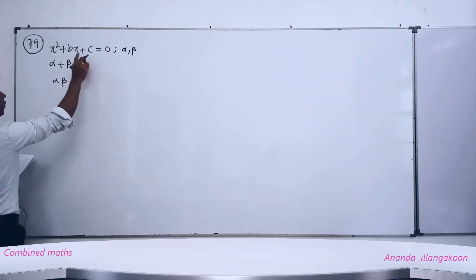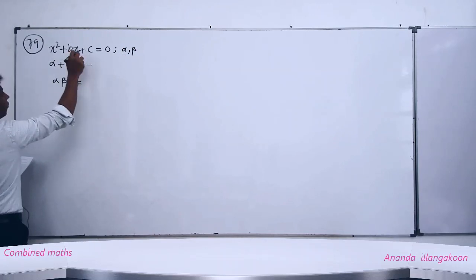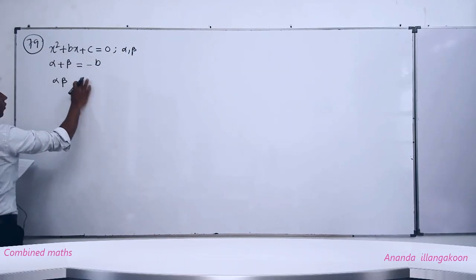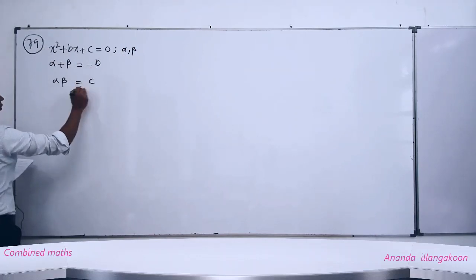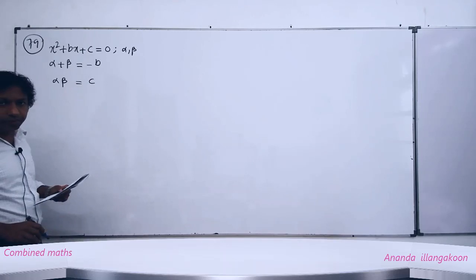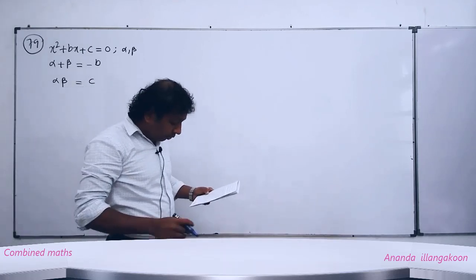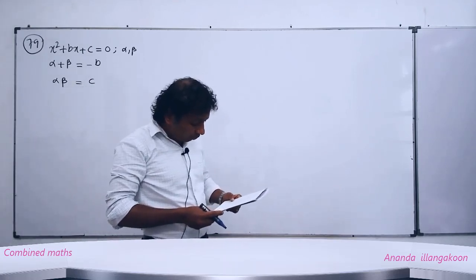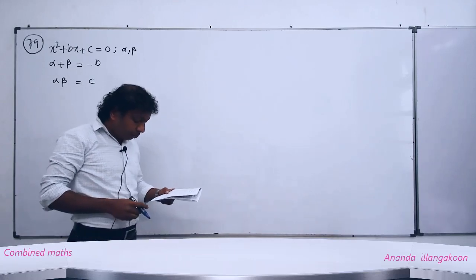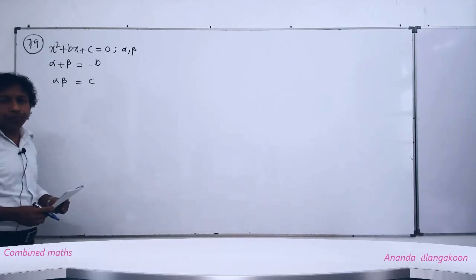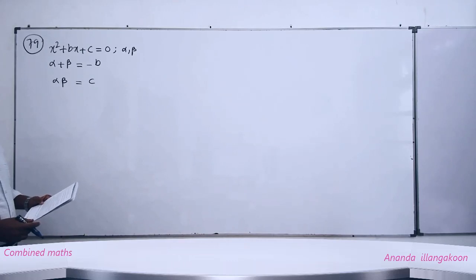The sum of the roots is minus the x coefficient divided by the x squared coefficient 1, so this is minus b, and alpha beta is c. Now it asks: find the quadratic equation in terms of b and c whose roots are alpha cube and beta cube.